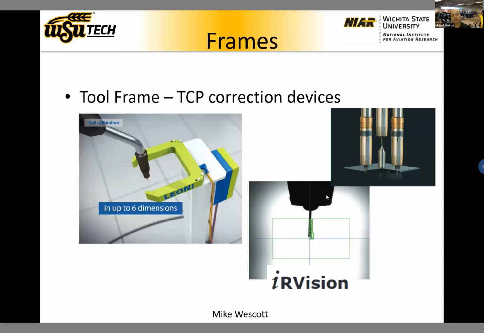There's also an IR vision correction method and a torch mate correction method. Both of those are typically used with torches. In fact, they call that IR vision torch mate. The one in the top right corner, you can come down on top of the torch mate to tell the displacement Z, and then move it over to the side in that notch in the X and Y direction to get your X and Y offset.